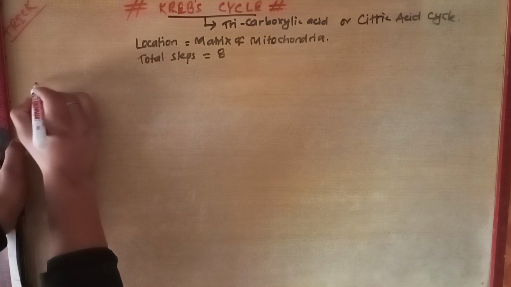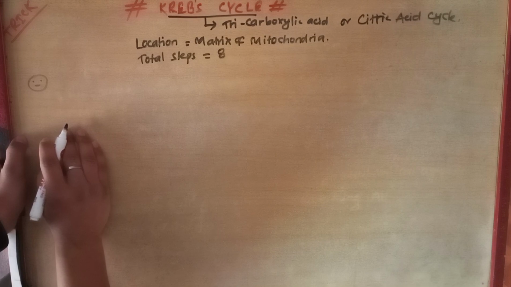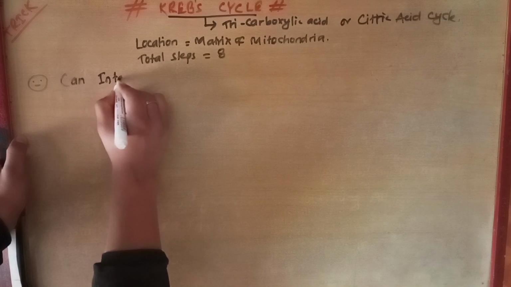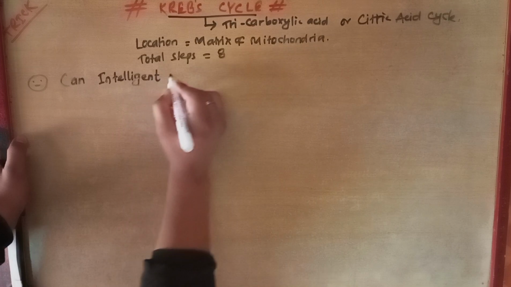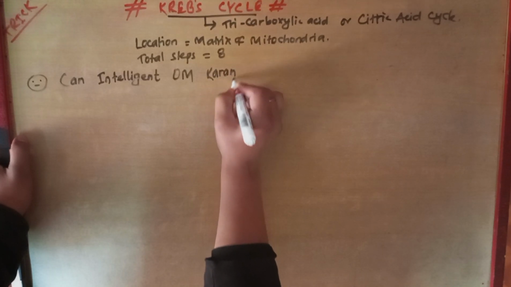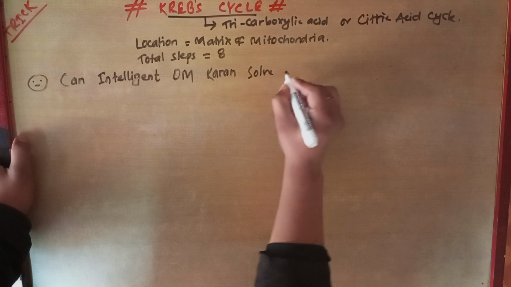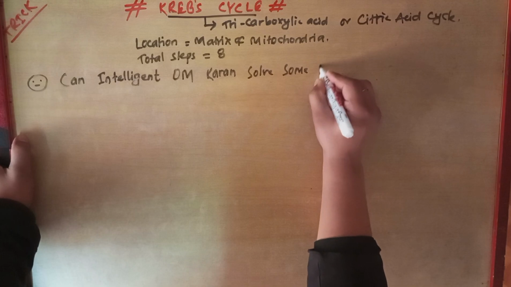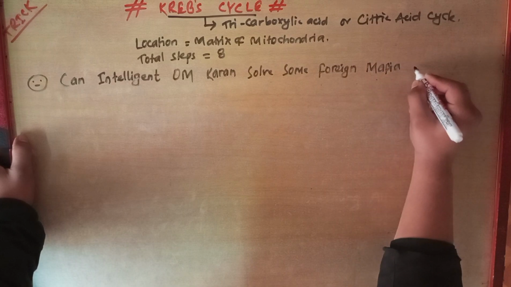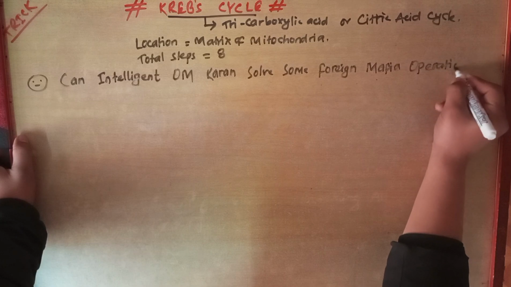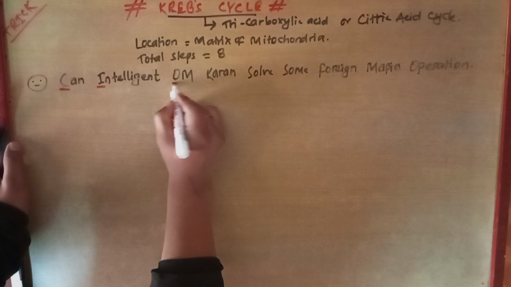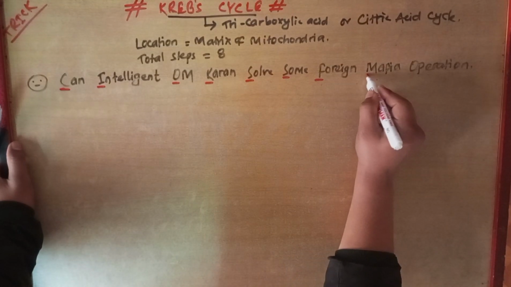So the trick is: Can intelligent Omkaran solve some foreign mafia operation?